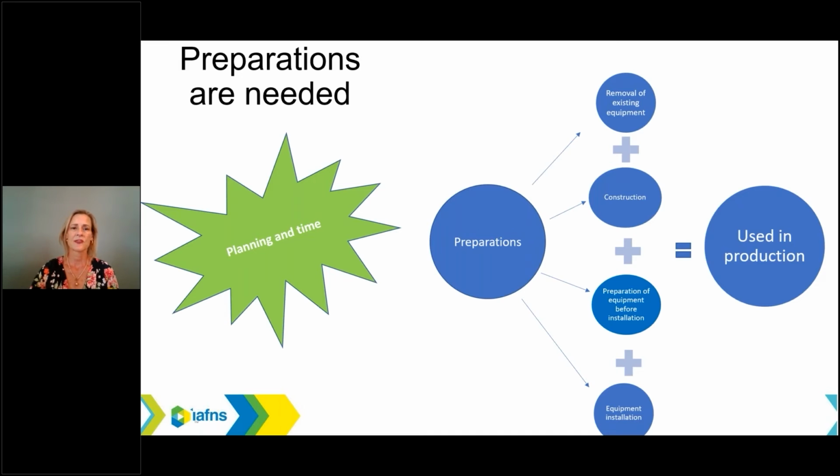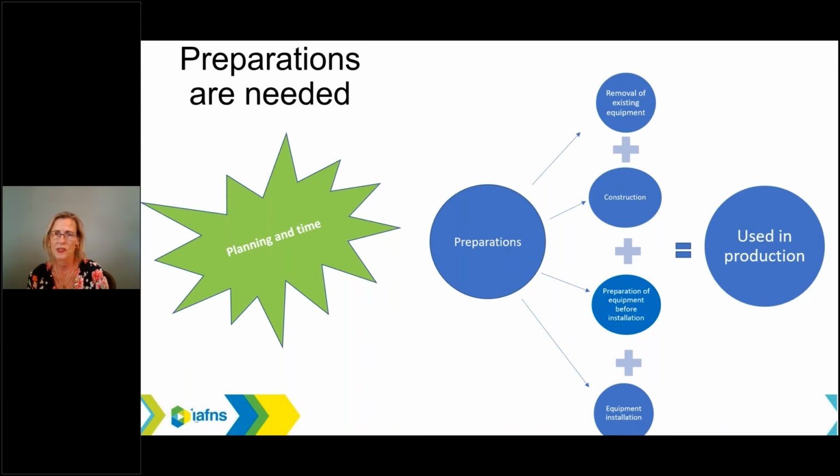So the first thing to understand about equipment onboarding are the preparations that are needed, which can be fairly time-consuming in their planning. And so the preparations deal with the removal of existing equipment, if that is pertinent to the situation, the planning of any construction that is needed, especially because the construction would be in a ready-to-eat production area.